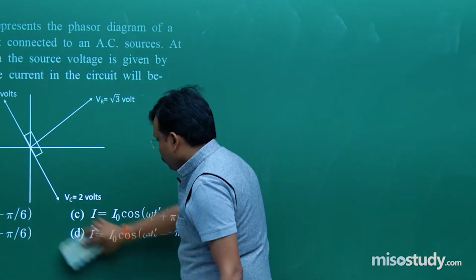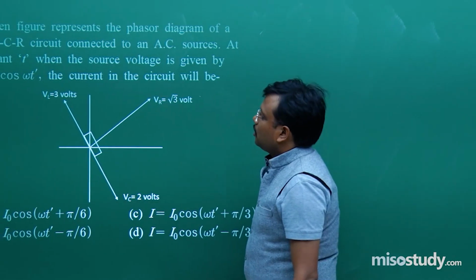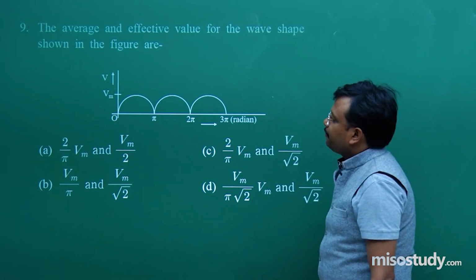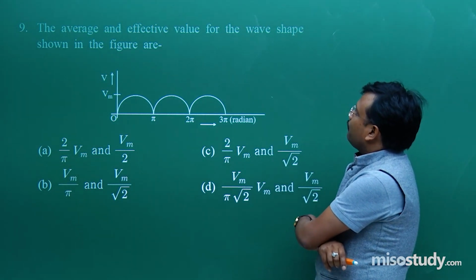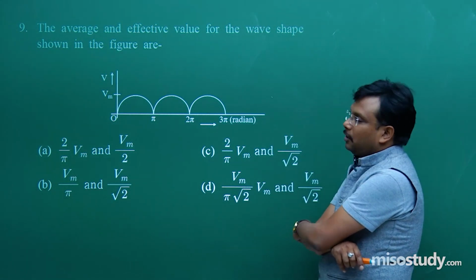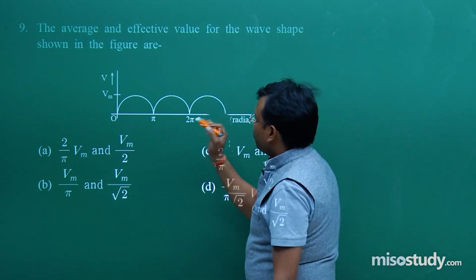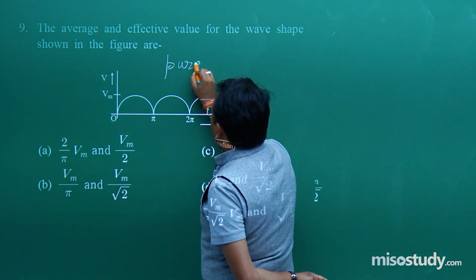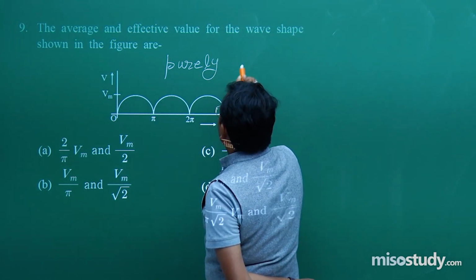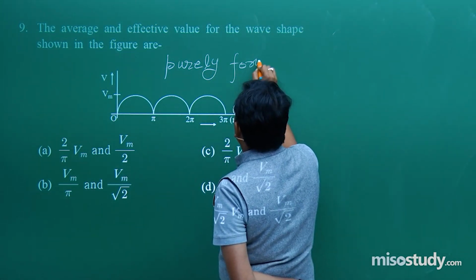Now let's move to another good question, that is the average and effective value for the wave shape shown in the figure. Let me mention a few things over here. Purely formula based.